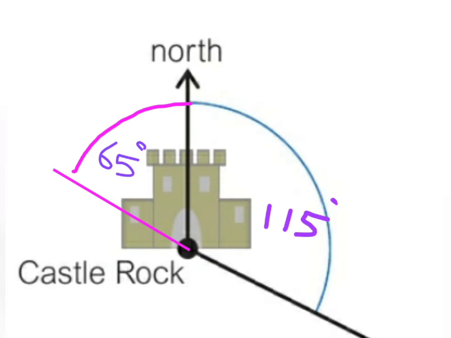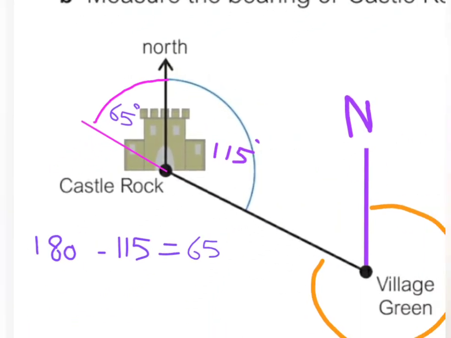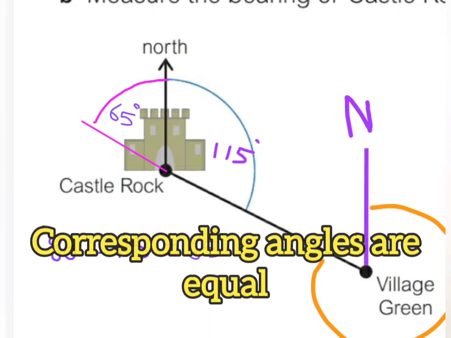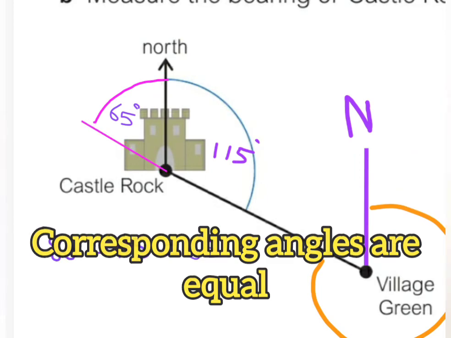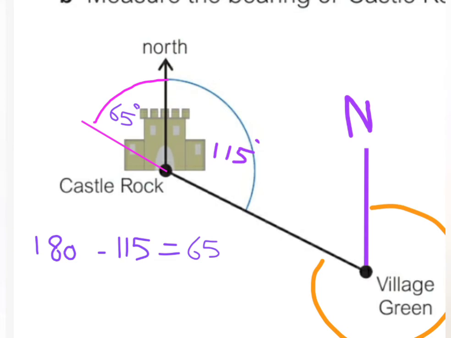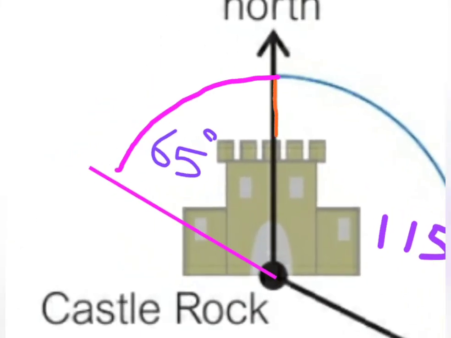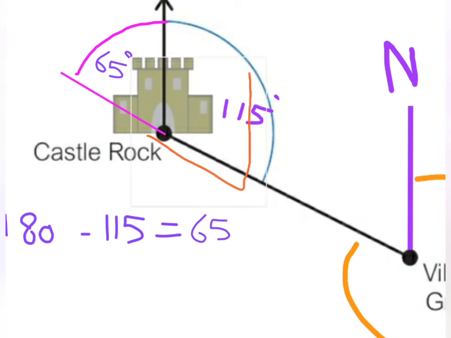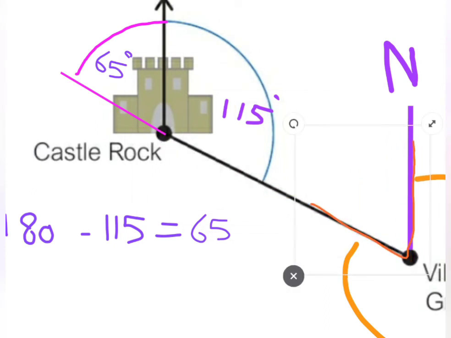Now I'm going to use the corresponding angles rule that says what? That says this angle and this angle are the same. Why?